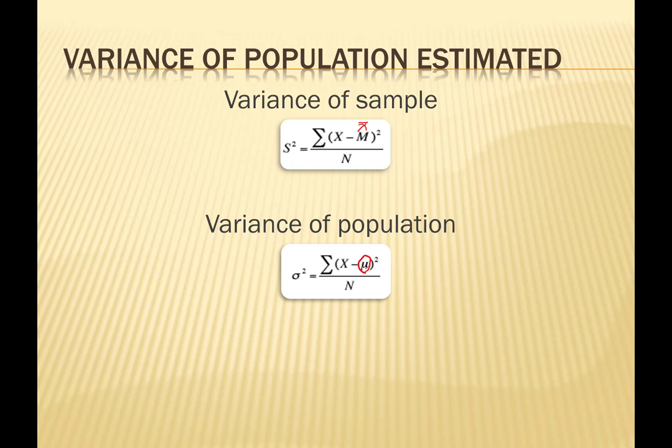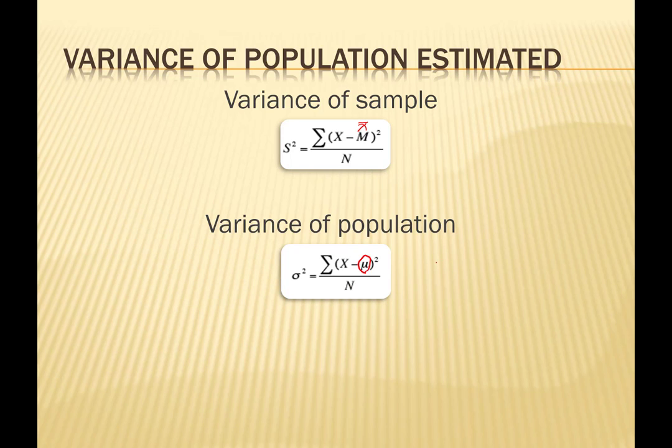You remember that mu, the letter mu, stands for the true population mean. And we see the symbol here that we've seen before. But since it's for variance, it takes on a square, right? So in order to calculate the variance of the population using the definitional formula, we need to know the true population mean.